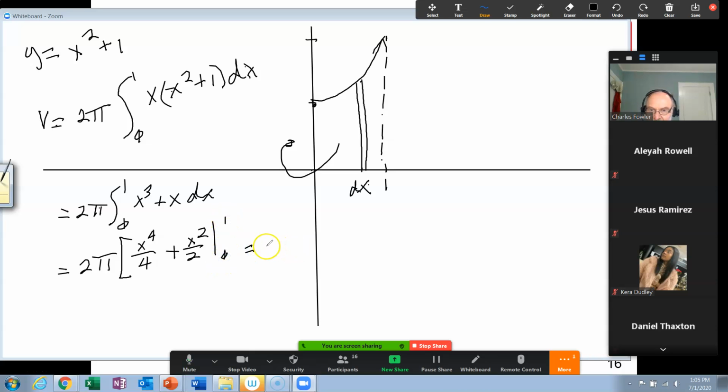And that's going to be 2 pi times 1/4 plus 1/2, which is 3/4 times 2 pi. That would be 3 pi over 2, I believe it is. Yes, that's it. 3/2 pi.